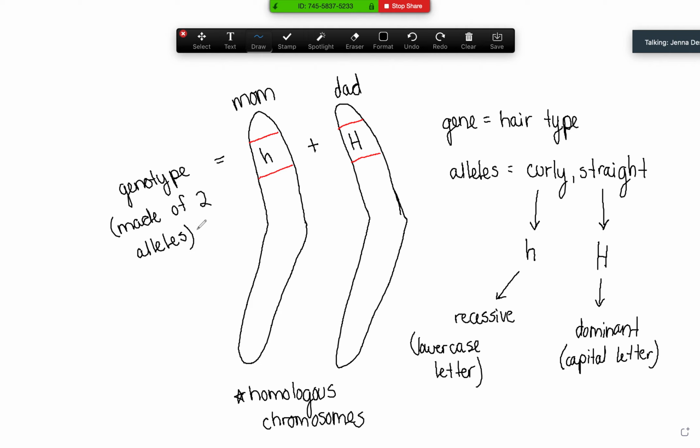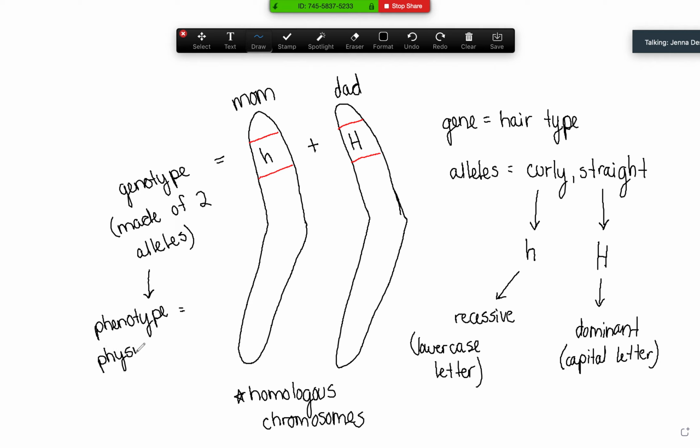Okay, and so a genotype is pretty much important because it helps determine phenotype, which is a physical trait.